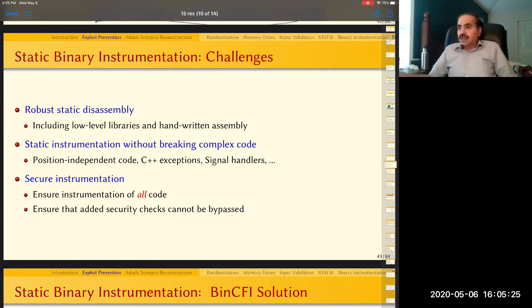So that brings us to the question of instrumentation, which we have discussed before in this course. We pointed out that instrumentation of binaries is quite a challenging problem, and we primarily discussed dynamic instrumentation techniques.